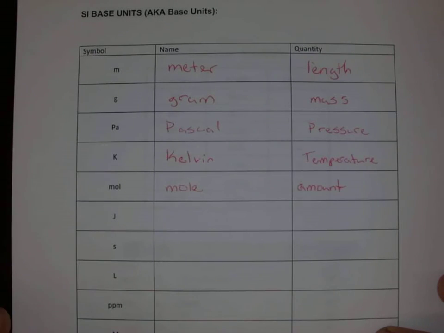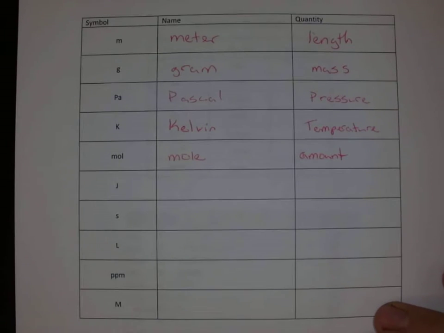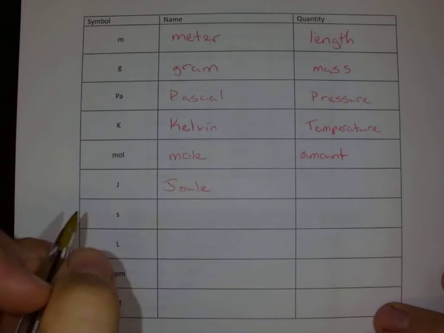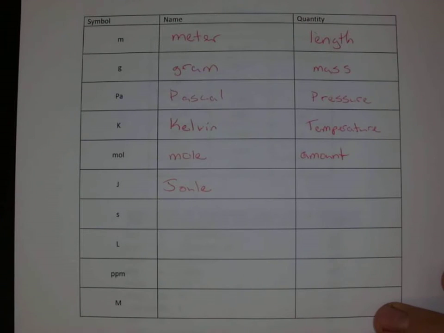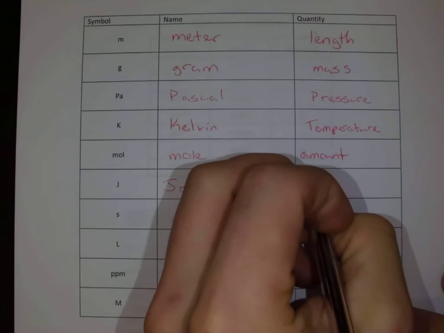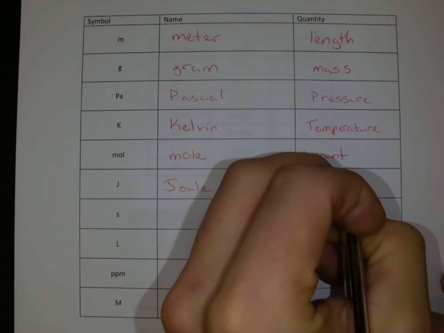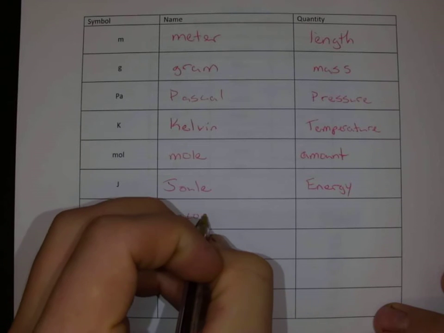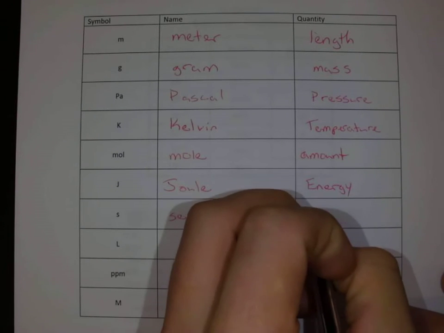We'll talk a whole lot more about the mole because chemists use the mole all the time. J is for joule. We've talked about how joules is how we are going to start measuring our energy. S is for second. This is our SI unit for time.